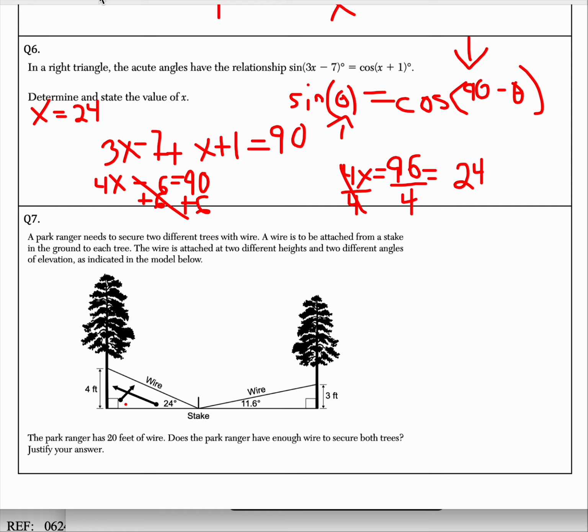Okay, so here we have sine, opposite over hypotenuse, sine 24. I'm going to see if I can type because my hand is hurting from drawing here.